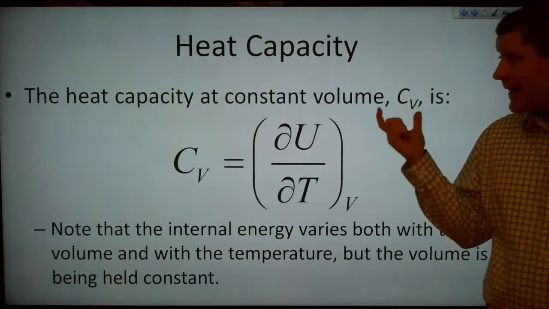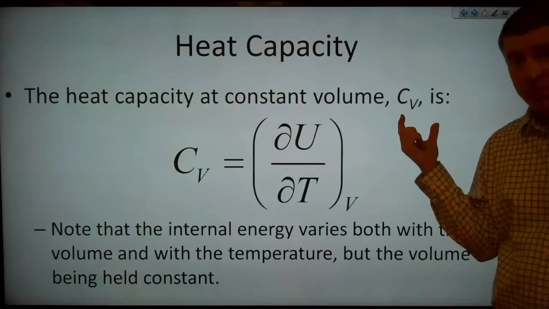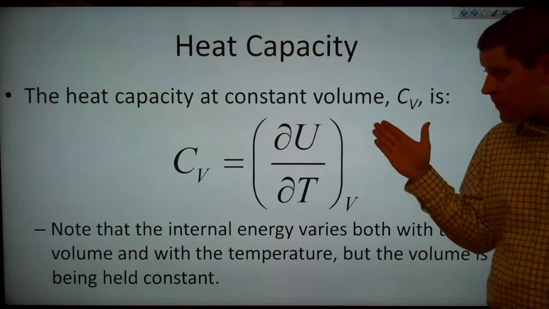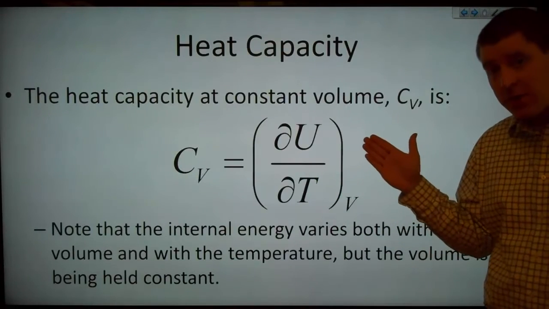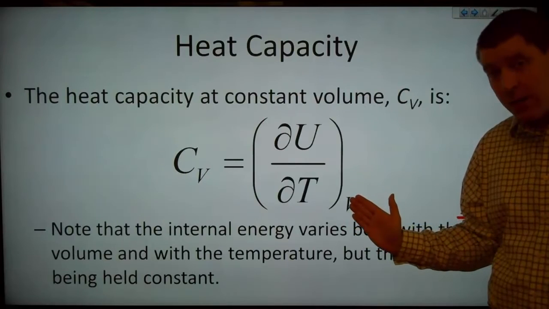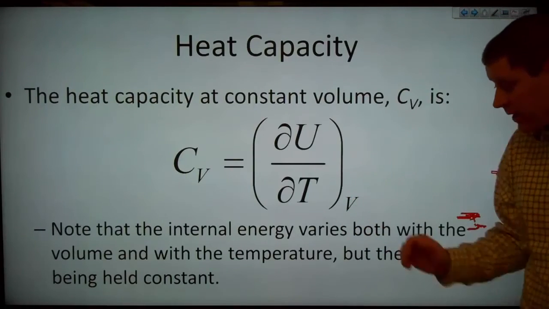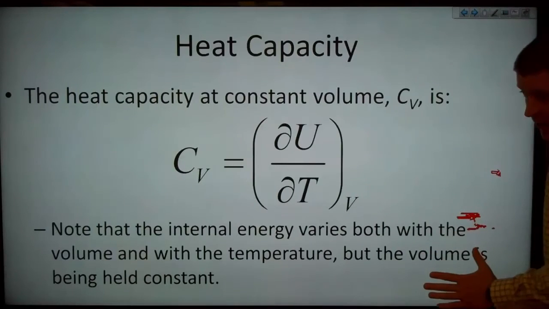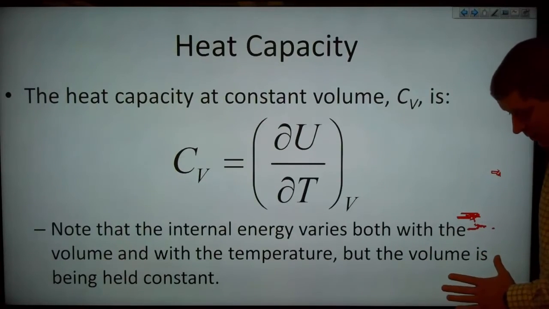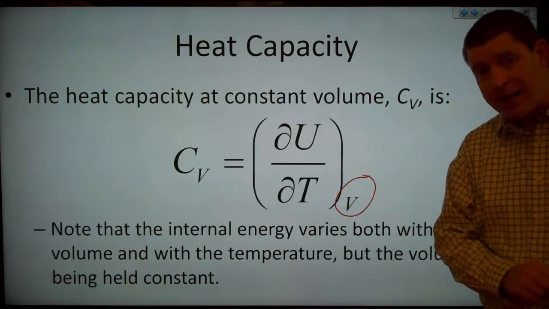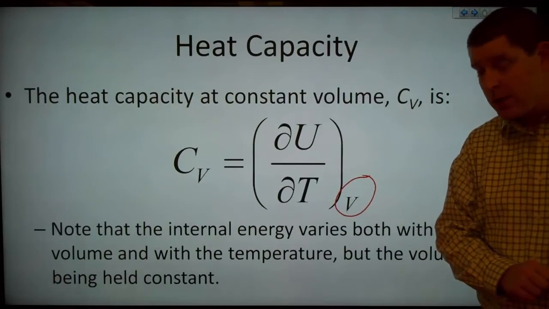So the heat capacity at constant volume, C sub V, is given here. C sub V is equal to the partial derivative of the internal energy with respect to temperature at constant volume. Note that the internal energy varies both with the volume and with the temperature, but the volume is being held constant here as denoted by that V outside the parentheses.